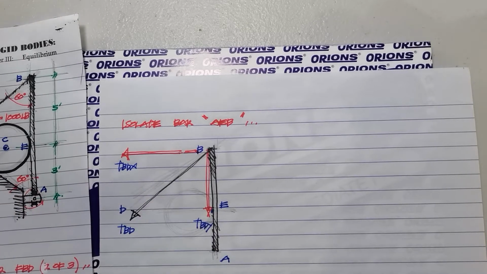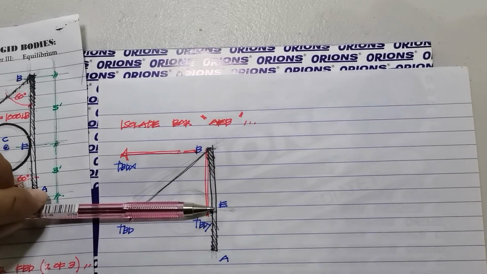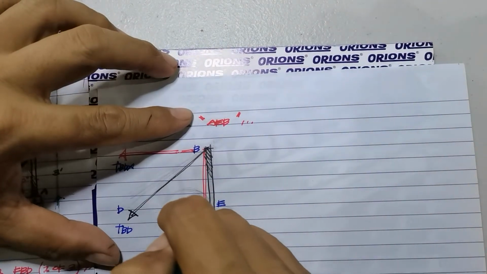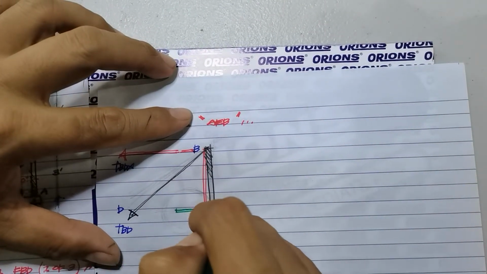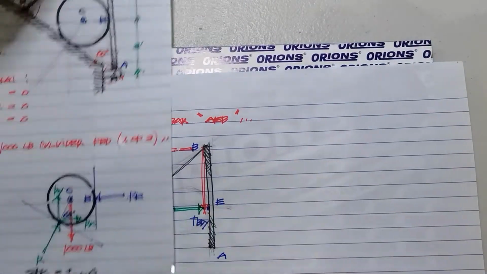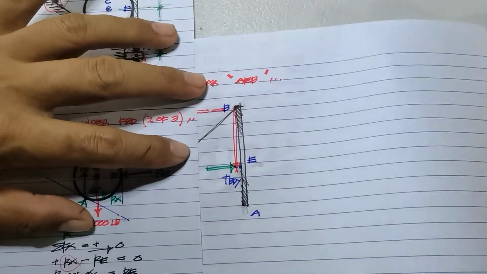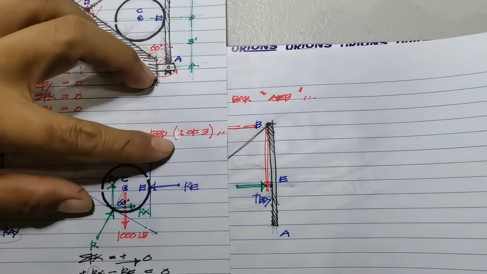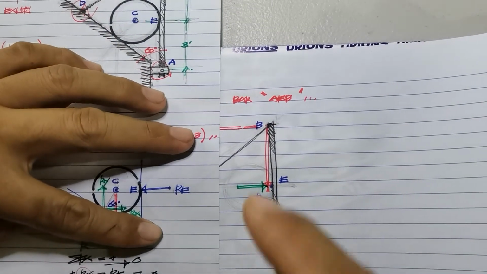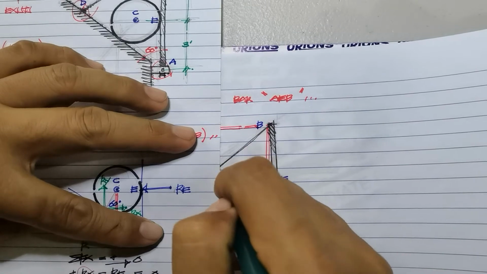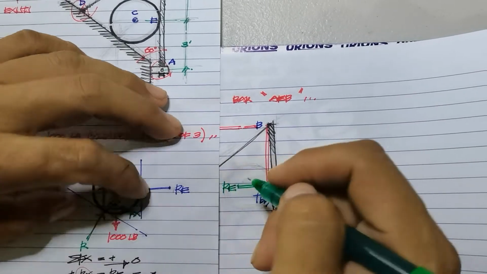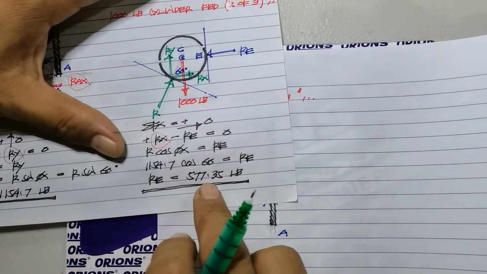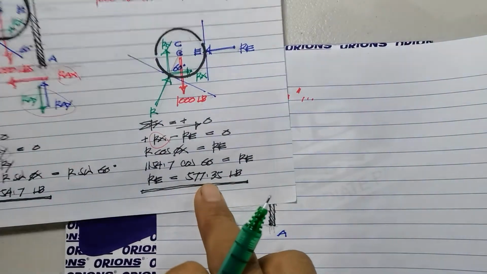So in this case, itong pinaka-cylinder natin, nag-exert siya ng reaction. So, ang reaction na binibigay ni cylinder is yung RE, kung saan yung RE natin was previously computed to be at the value of 577.35 pounds.